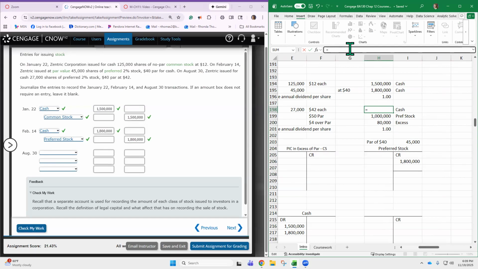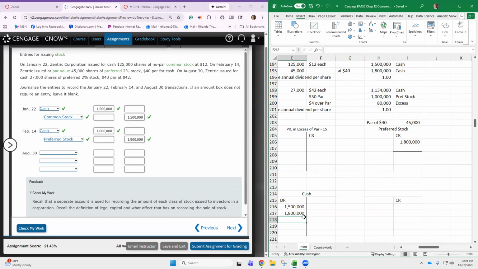This is how much cash we brought in. 27,000 times $42. Okay, we're bringing in cash of $1,134,000.